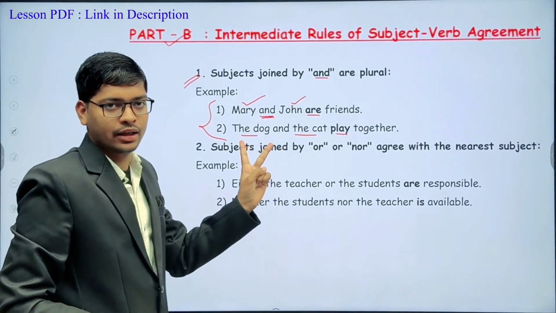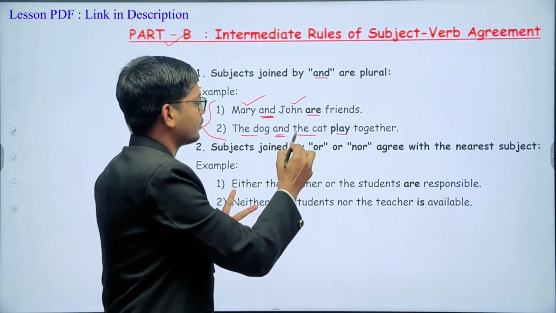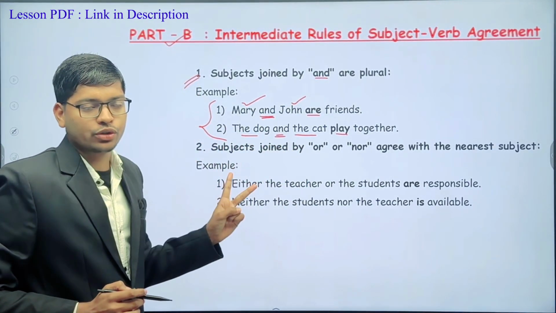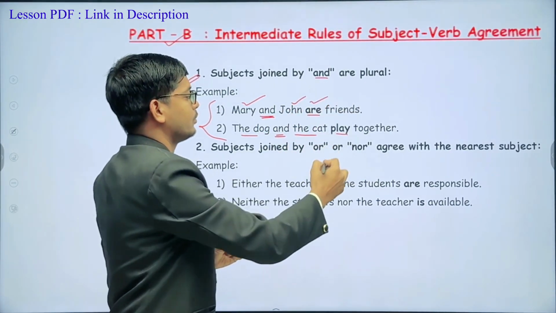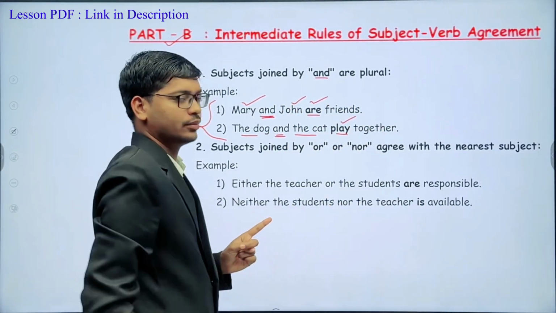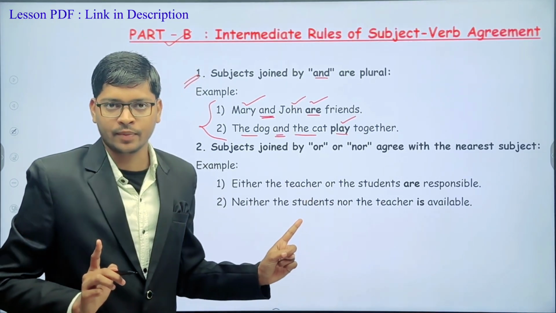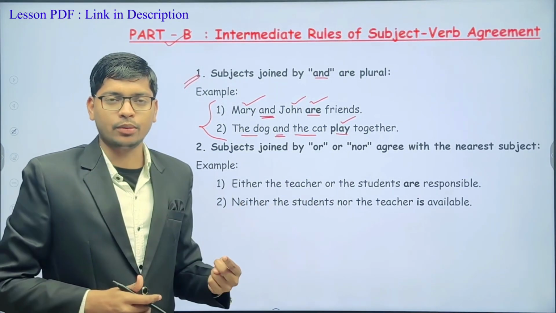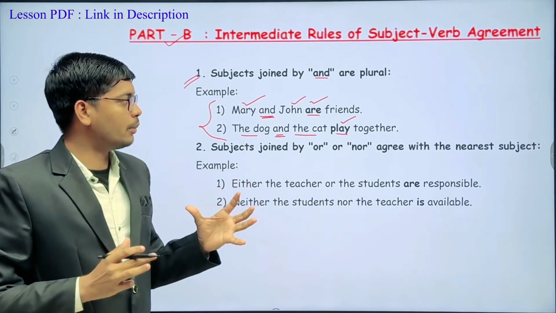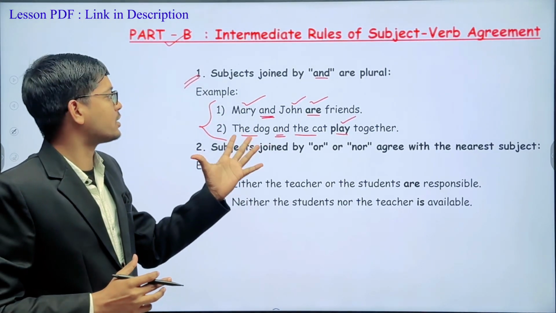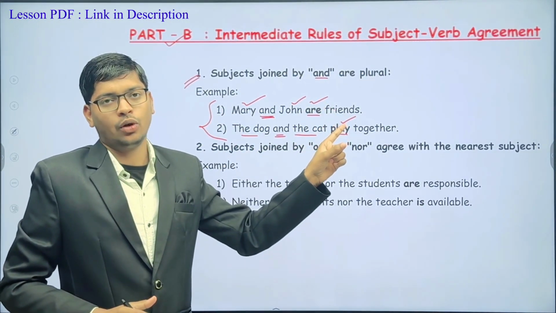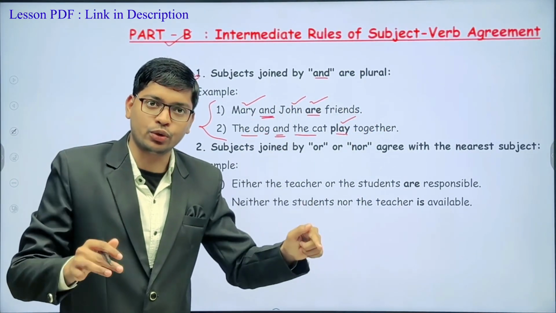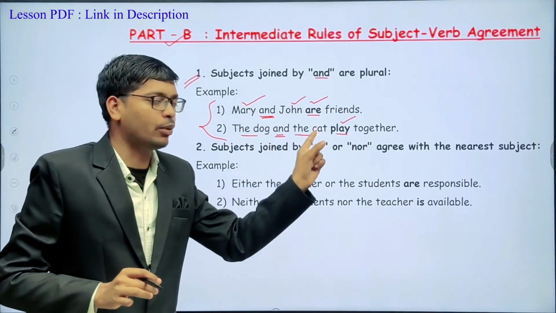So we have to use a plural verb, here are and play. Guys, do you understand when we use this verb? When subjects are joined by and, we also use a plural verb.